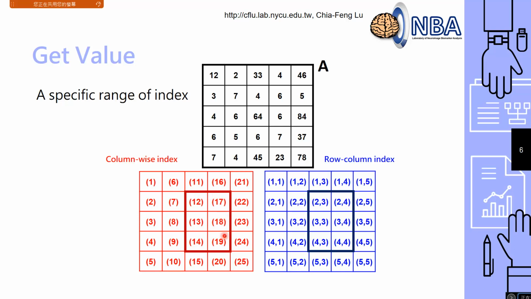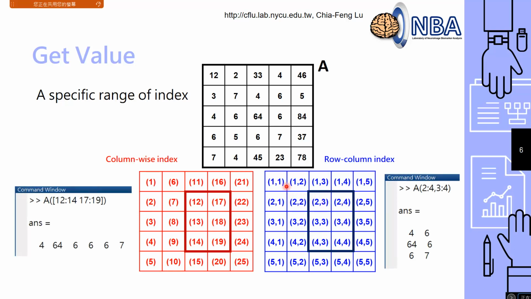Basically, when you are using the column-wise index, I'm going to get the values 12, 13, 14, 17, 18, and 19. But for the row and column index, it's just exactly what we mentioned, the second to fourth row and the third to fourth column.